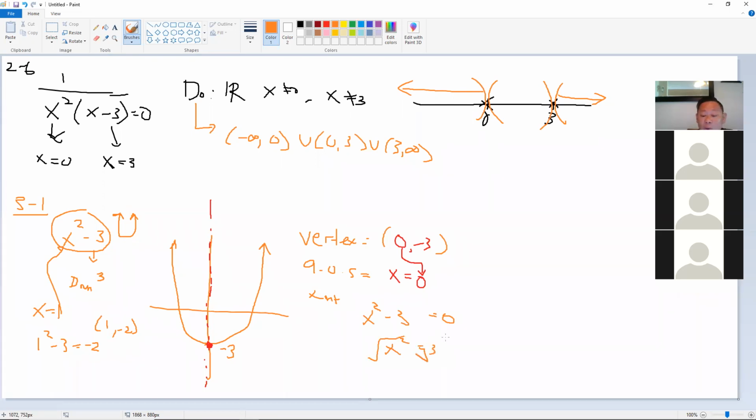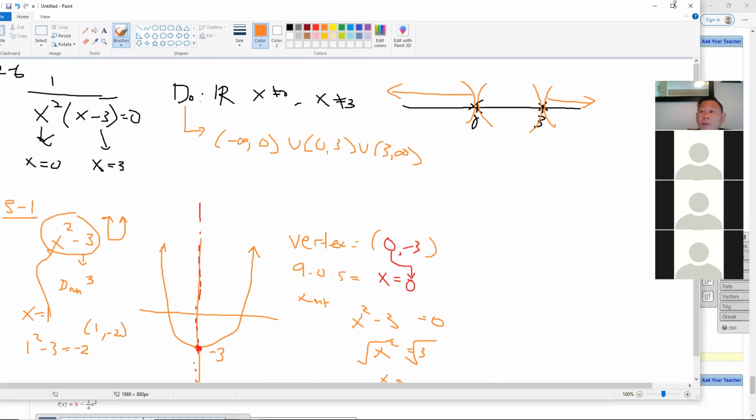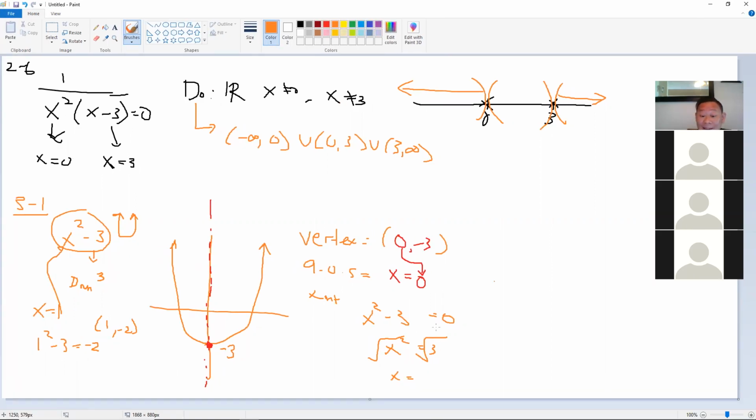Now, every time you take a square root, what sign do you need on it? What sign do you need when you put a square root on it? You need the symbol of plus and minus. So your x-intercepts are -√3 and +√3.